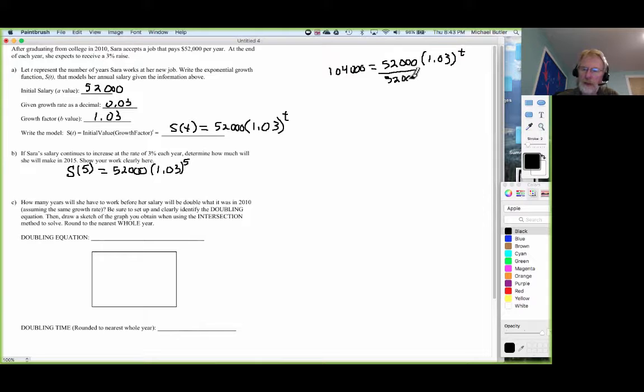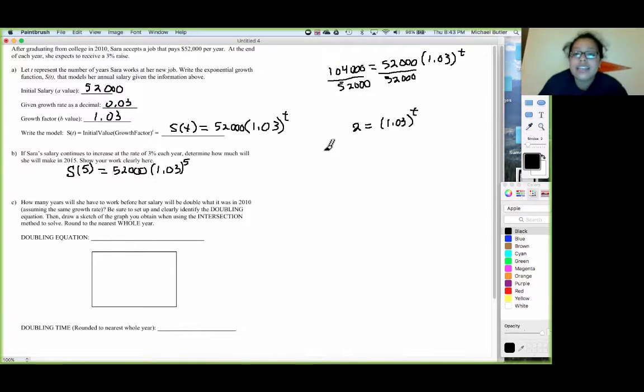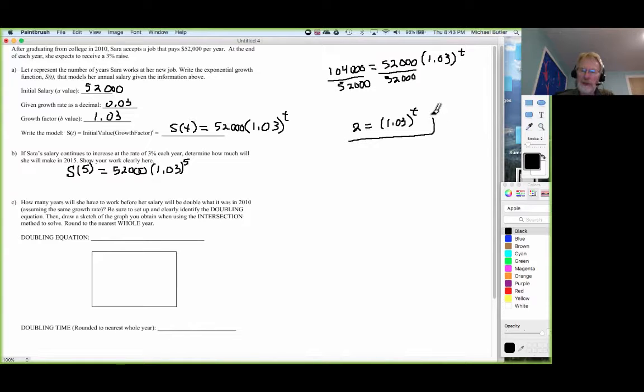If I do that, what I see is that the left-hand side turns into a 2, doesn't it? Is that making sense? Yeah, it's making sense. Okay, cool. All right, so that's your doubling equation right there.